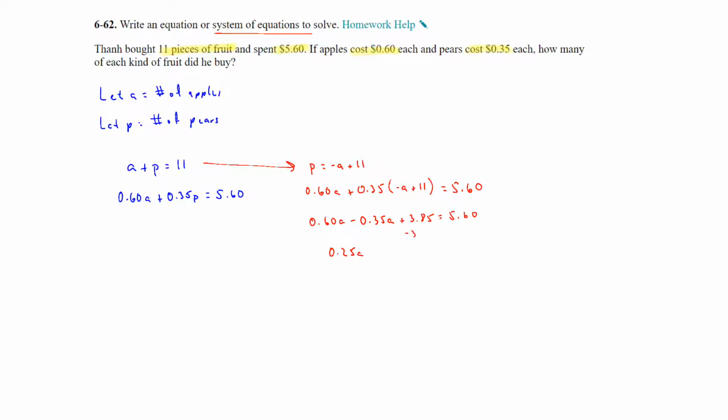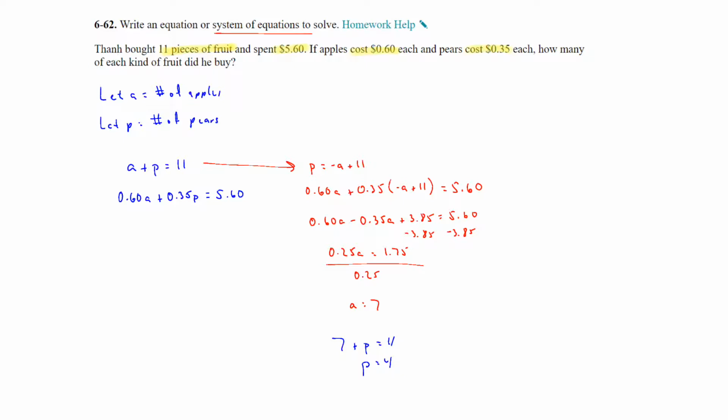I'm going to subtract the $3.85 to the other side. 1.75, and then divide by 0.25, and A will equal 7. So that means I have 7 apples, and since I know there's a total of 11, 7 plus the number of pears is 11, therefore the number of pears is 4.